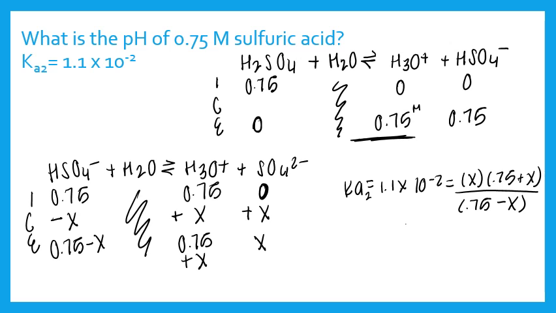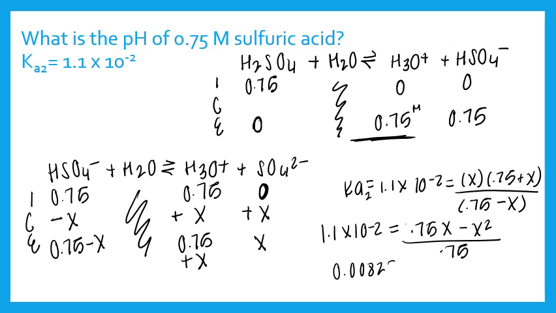see that change basically. So we get 1.1 times 10 to the negative second equals 0.75 x minus x squared over 0.75. We get this to be 0.00825 equals 0.75 x minus x squared.